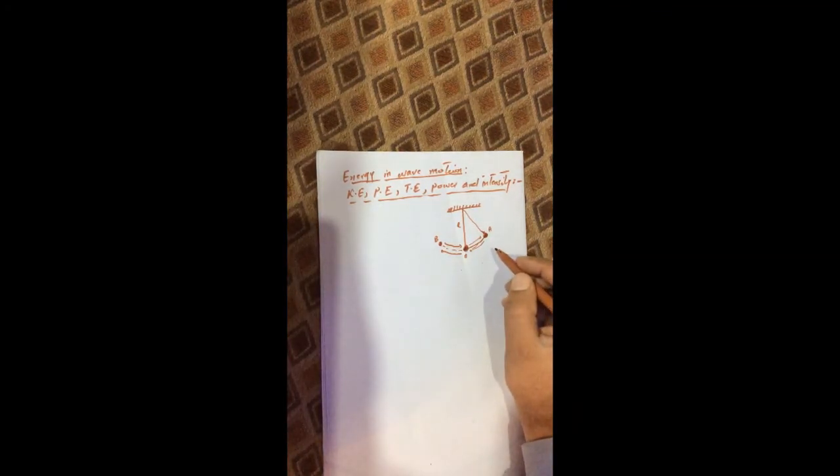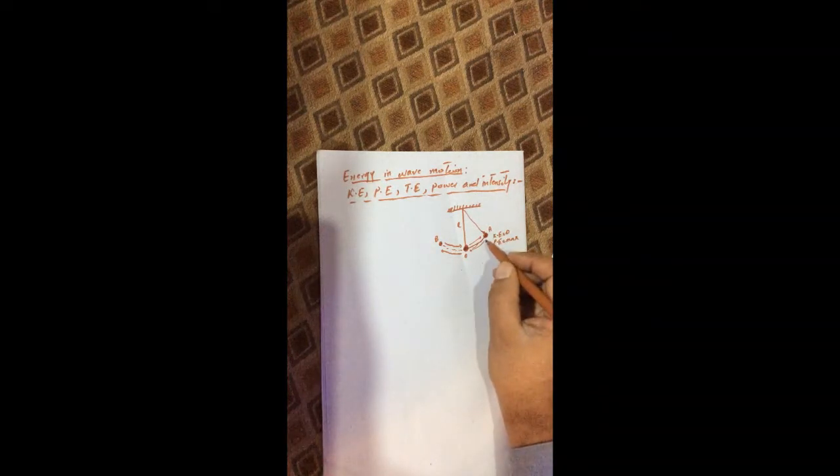Now at point A, the kinetic energy is 0 and potential energy is maximum. Once it moves from point A to point O, kinetic energy increases and potential energy decreases.